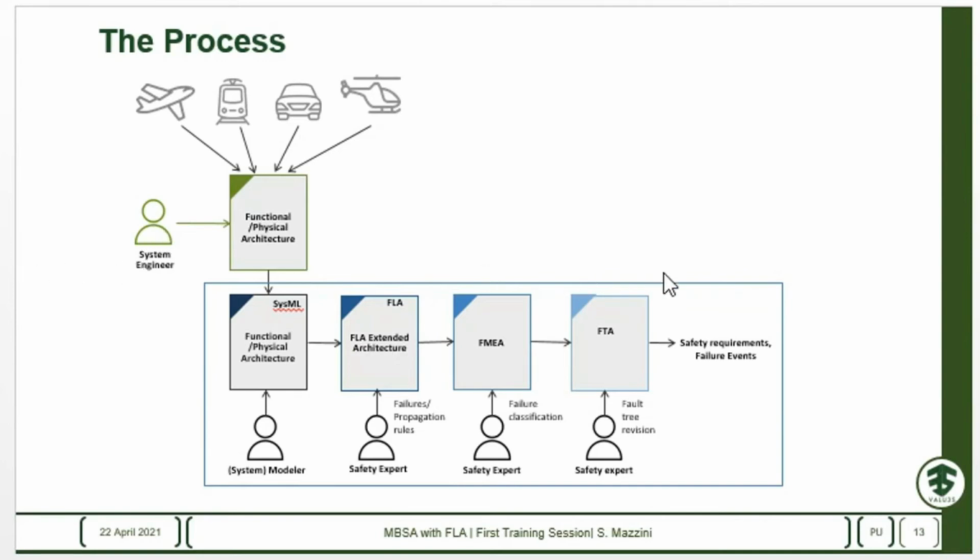To clarify, there is another methodology that is proposed by Fondazione Bruno Kessler. This is only the part proposed by Intecs, and this is a technique for model-based safety analysis that is applied. We will see how it works.